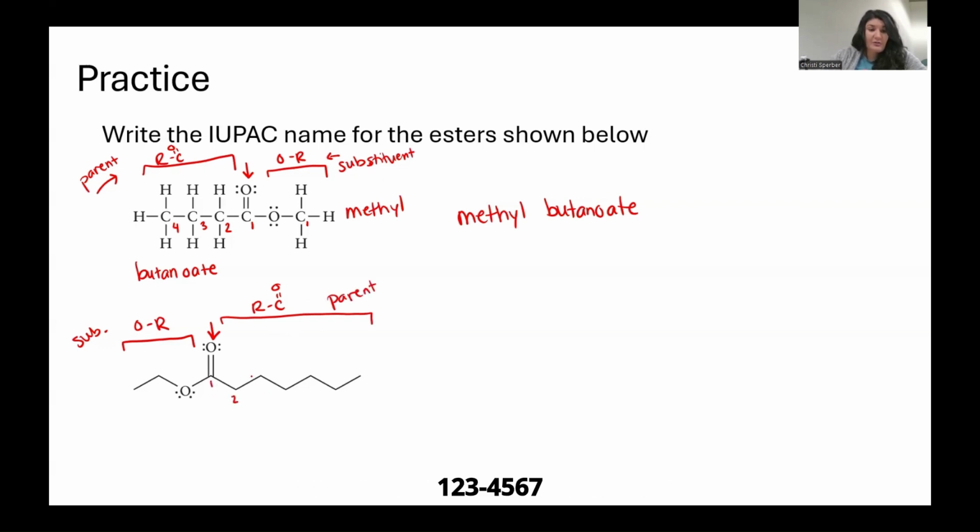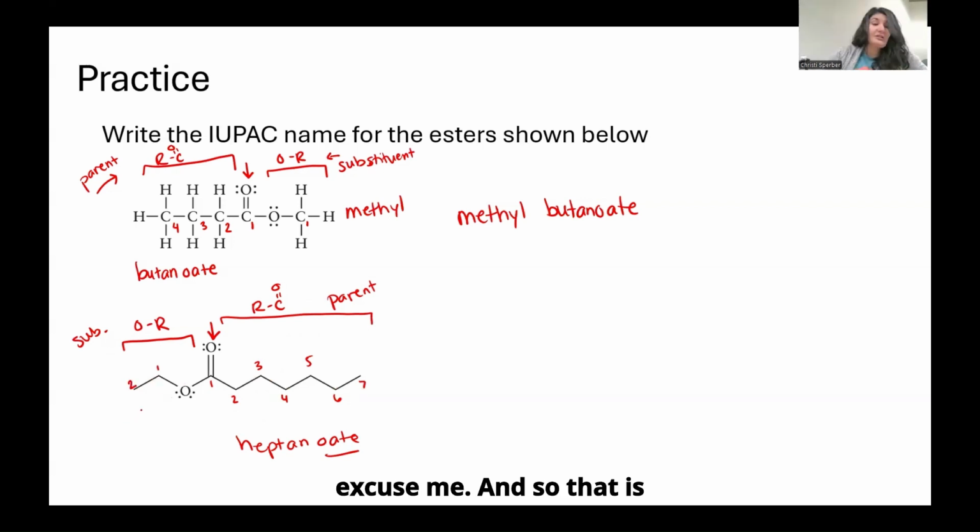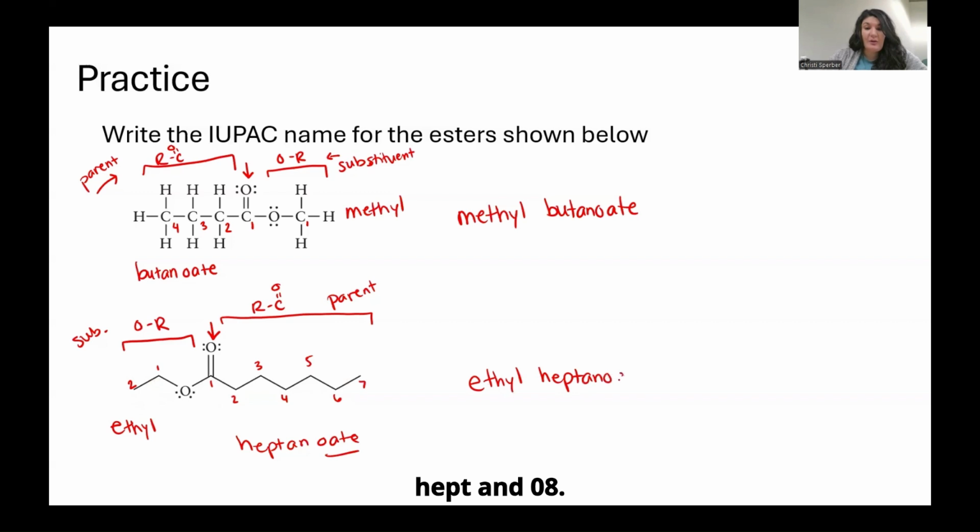We have 1, 2, 3, 4, 5, 6, 7, which is hept, and then -oate, our ending for esters. Then we're going to name our substituent. We have a 2-carbon substituent, and so that is ethyl. And so the name is ethyl heptanoate.